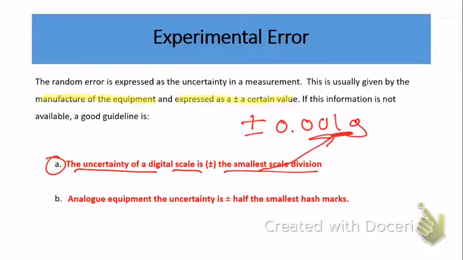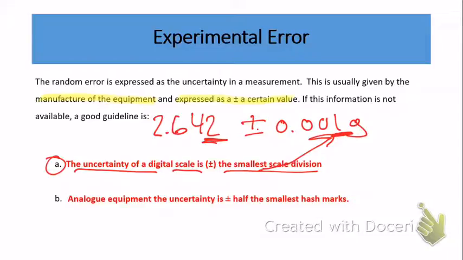So say the balance read 2.642, so the balance can go out to that 1000th position, and therefore the random error is expressed as 0.001.